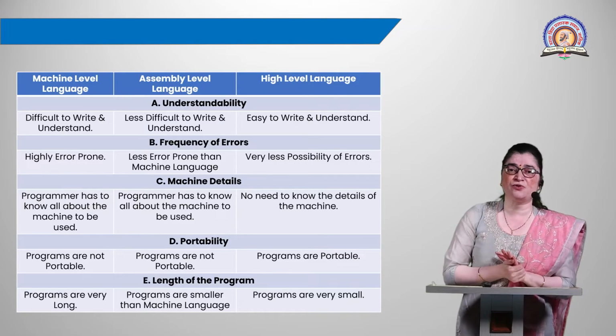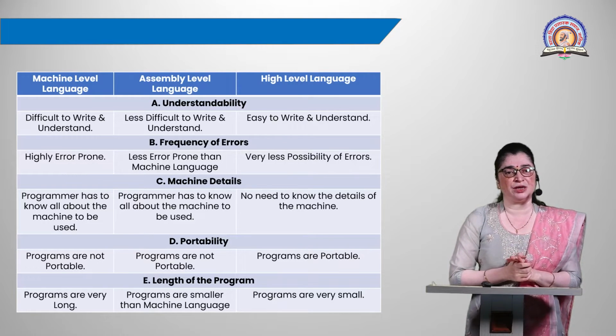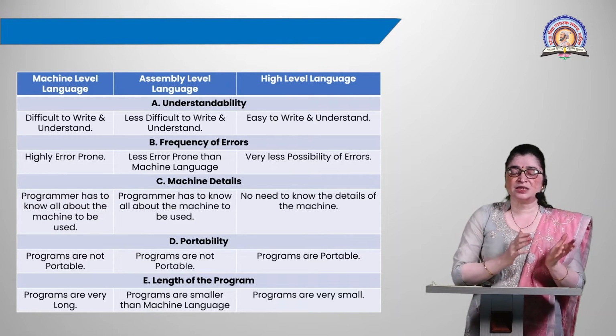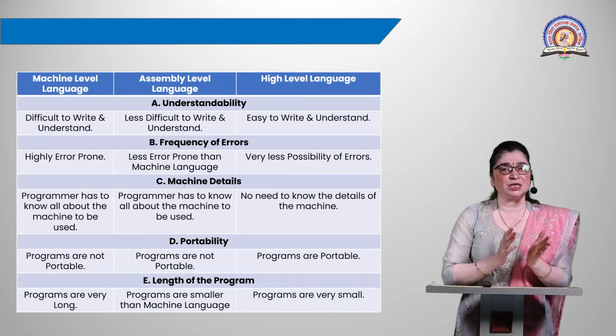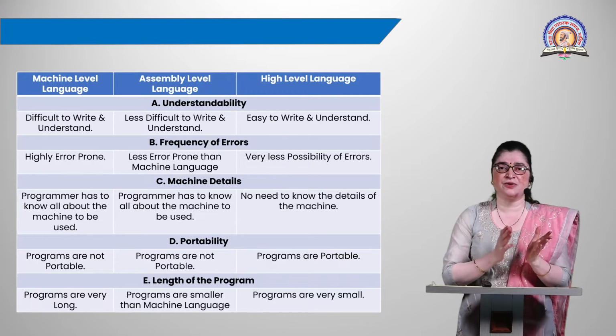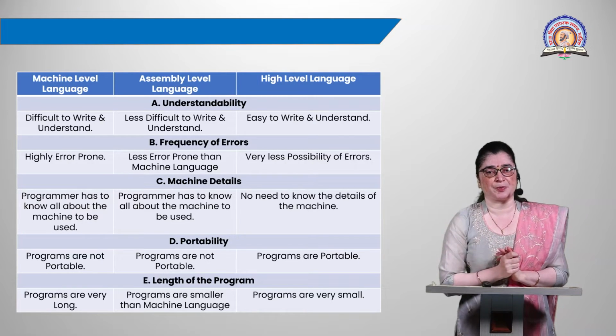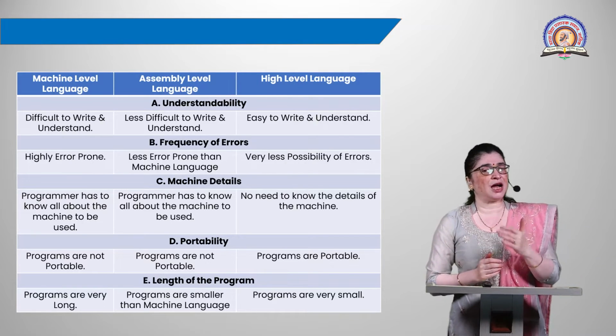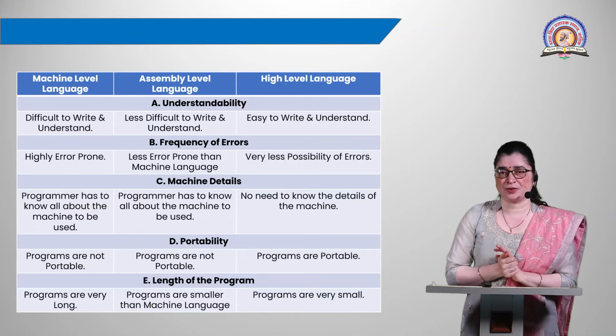So the chances of error are more in machine language. As compared to machine language, the chances of error are less in assembly language, and in high level language, there is very little possibility of error.